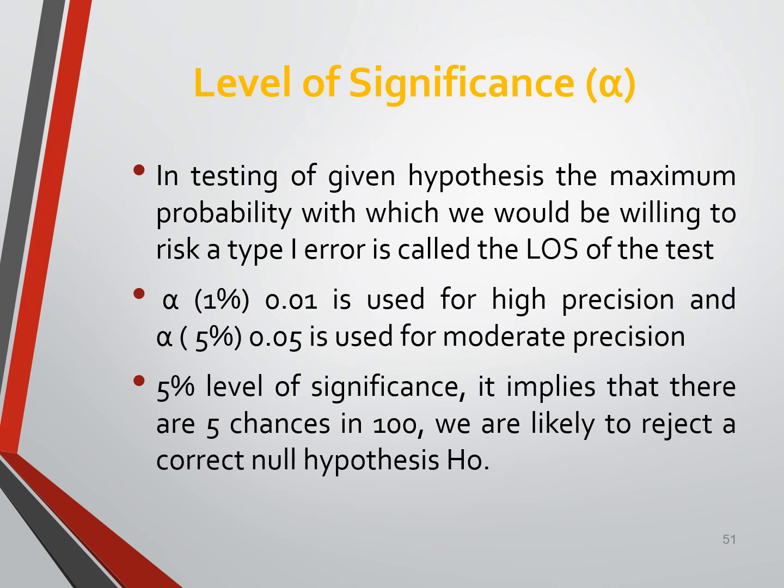It means there are 5 chances in 100 that we are likely to reject a correct null hypothesis. This is very important. Our null hypothesis is correct, but there is a 5% possibility that we are rejecting it. So the confidence we have is equal to 1 minus the level of significance, which is known as alpha.